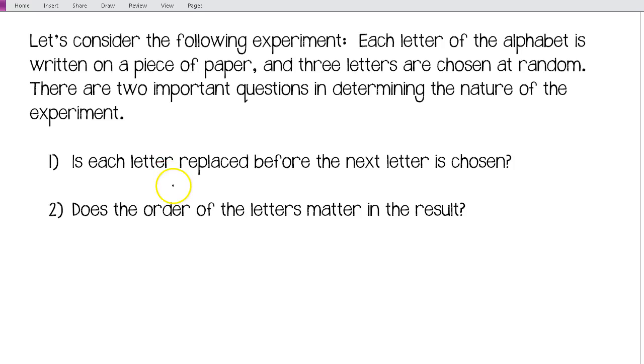So we'll say either with or without replacement. This is important. And number 2, does the order of the letters matter in the result? So are we talking about a permutation or a combination? Keep those things in mind.